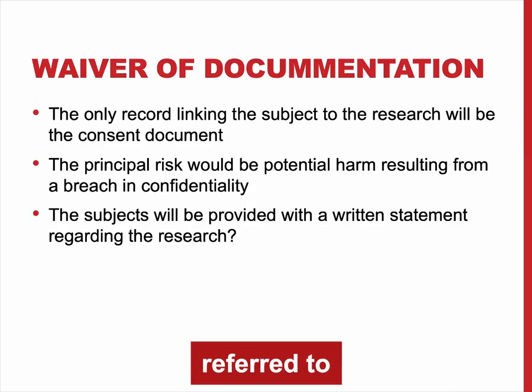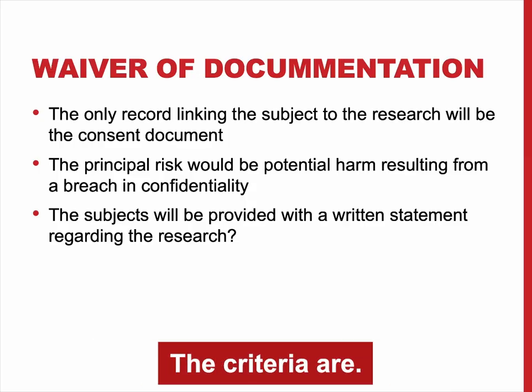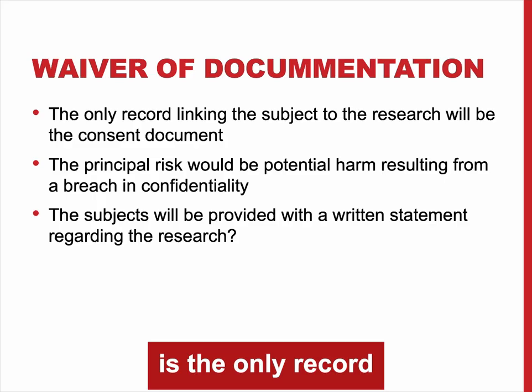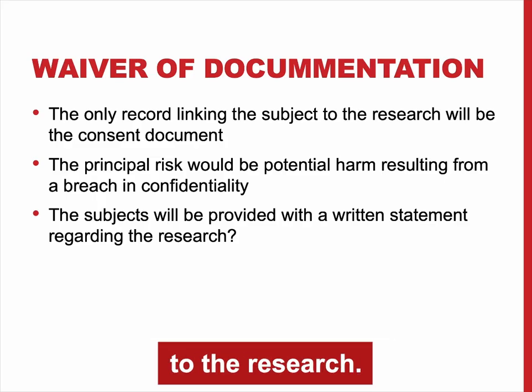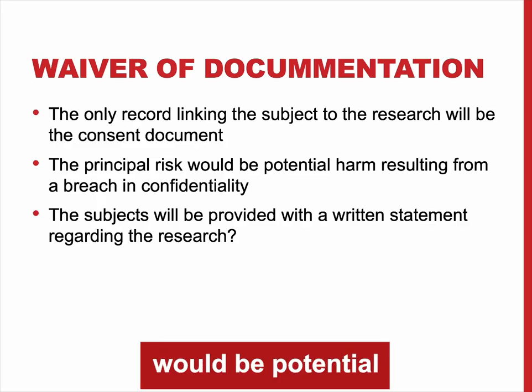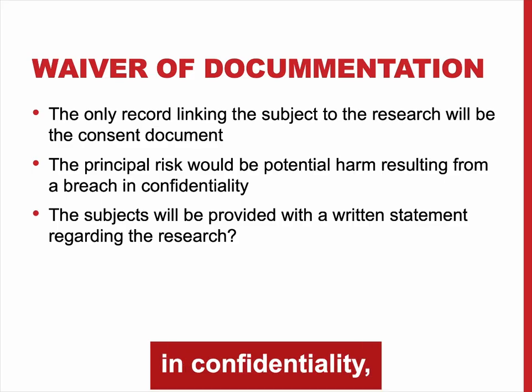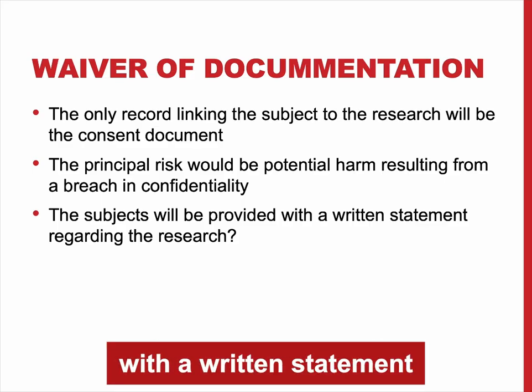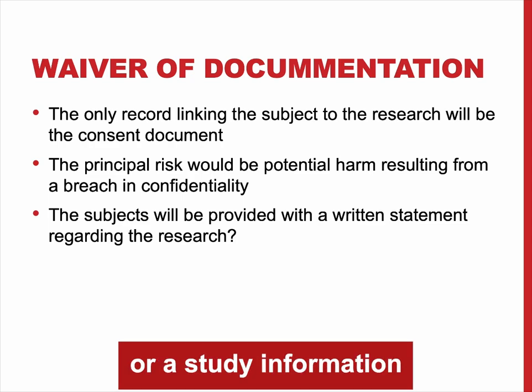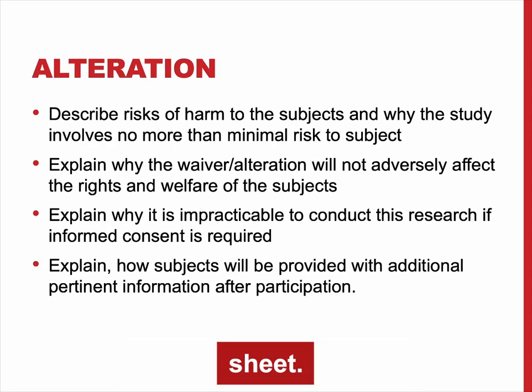This is often referred to as verbal consent. The criteria are: the consent document is the only record linking the subject to the research, the principal risk would be potential harm resulting from a breach in confidentiality, and the subjects will be provided with a written statement regarding the research, or a study information sheet.